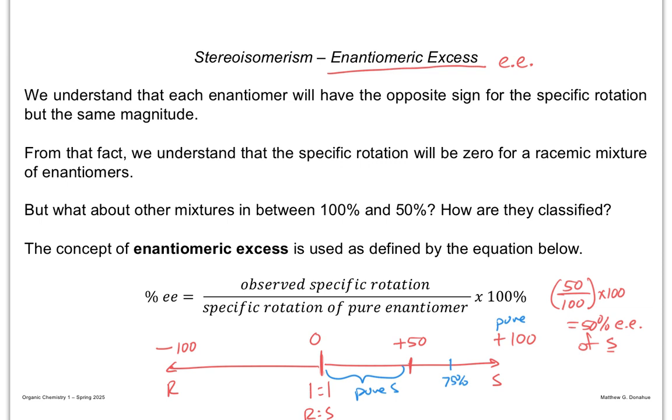We can think of this as 50% pure S, then we have 25 S and 25 R. The 25 S and 25 R cancel each other out because they're racemic, and they lower the value from 100 to 50. So the excess in that mixture is 50% S. It's a little weird to wrap your mind around what EE is telling you.